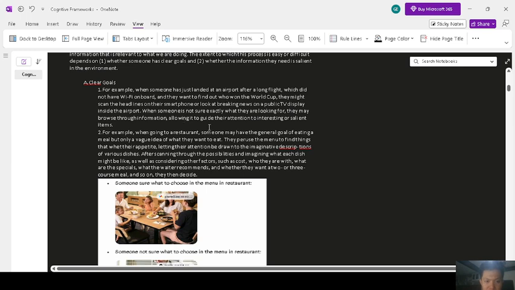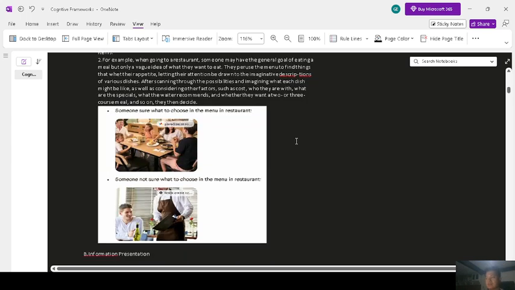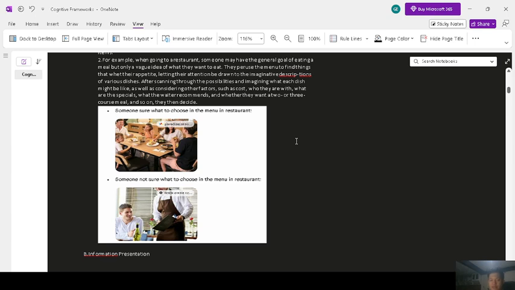And then when someone is not sure exactly what they're looking for, they may browse through information, allowing it to guide their attention to interesting or salient items. So a lot of times, these digital tools want us to do something, because if you don't understand how business works, basically people are always trying to sell you something.